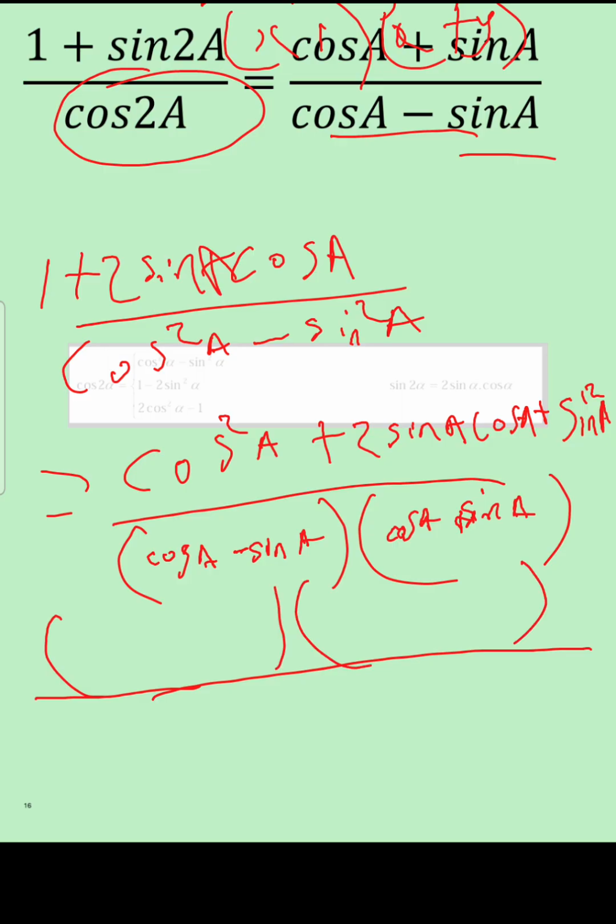Open two brackets. That's cos a, that's going to be not sine squared, sine a. When you put positive signs.